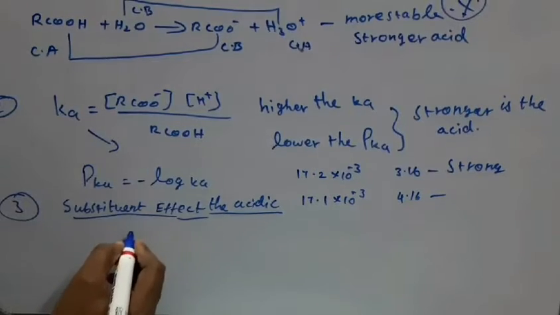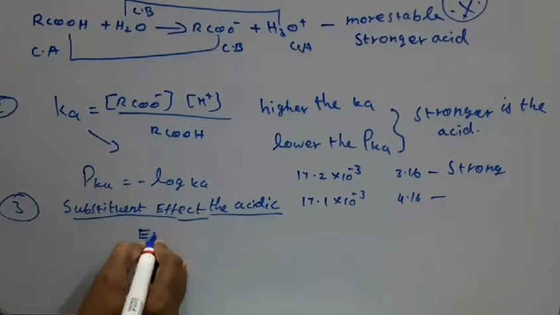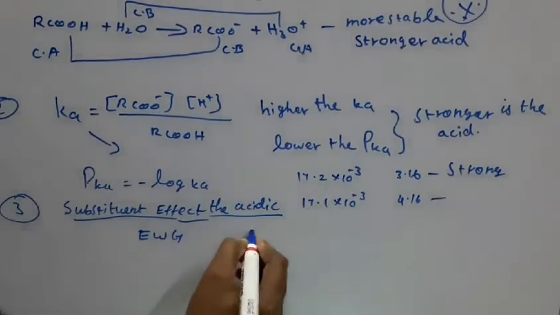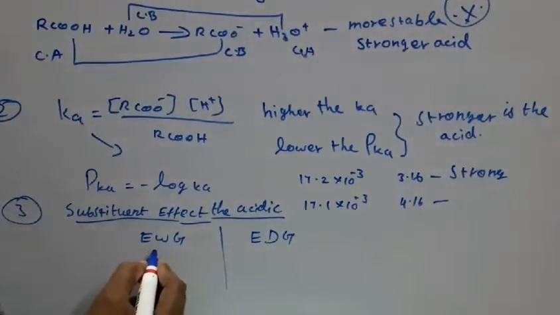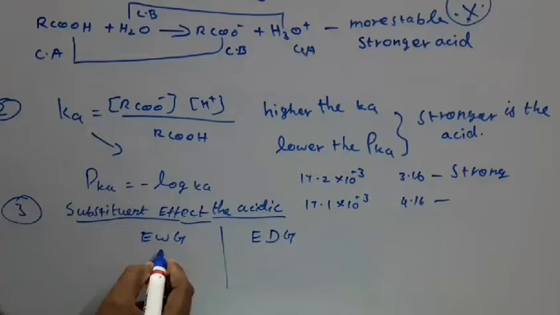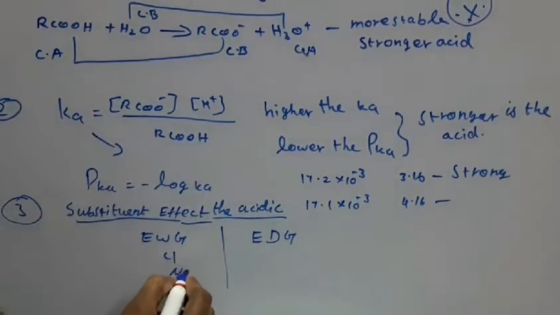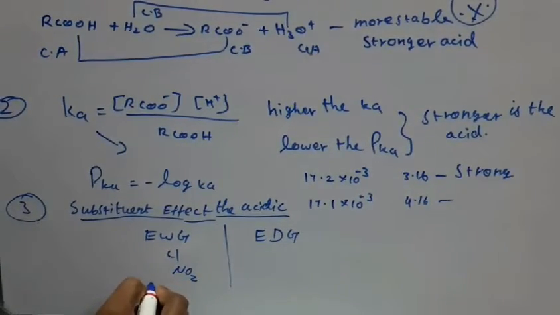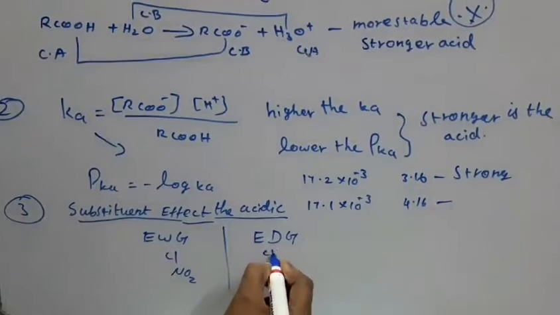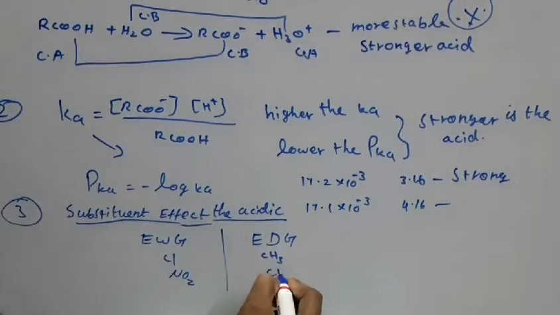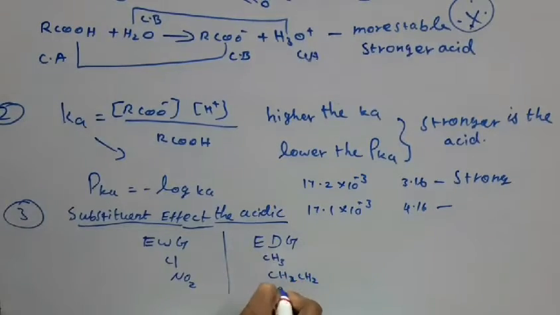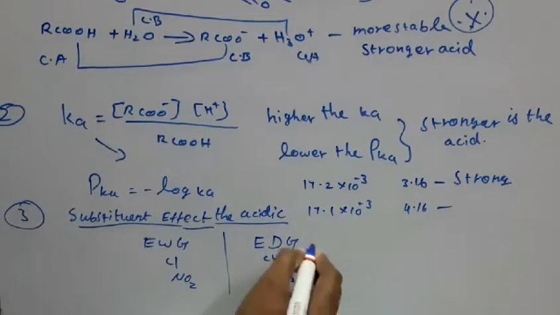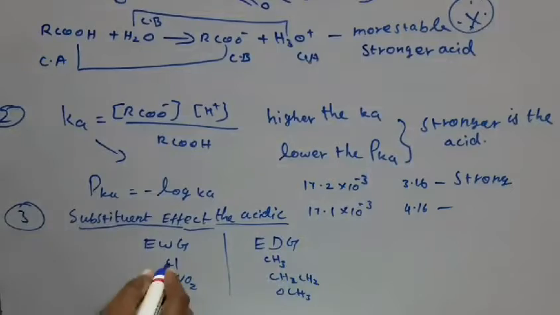We may know there is electron withdrawing group and electron donating group. Who is electron withdrawing group? Chlorine, NO2, nitro compound. Electron donating groups are methyl, ethyl, CH2CH3, and methoxy. So these are all electron donating groups.